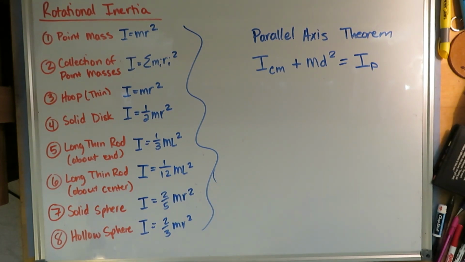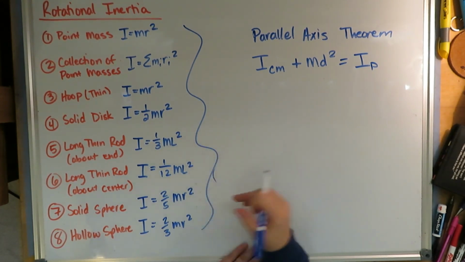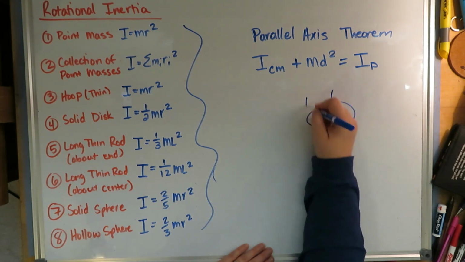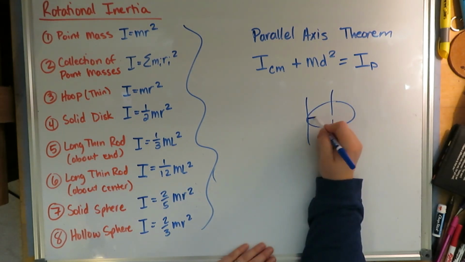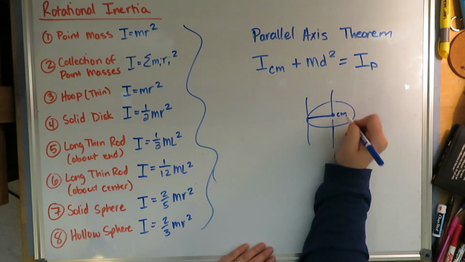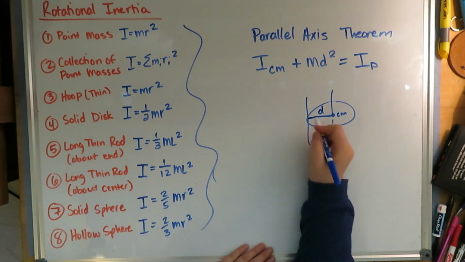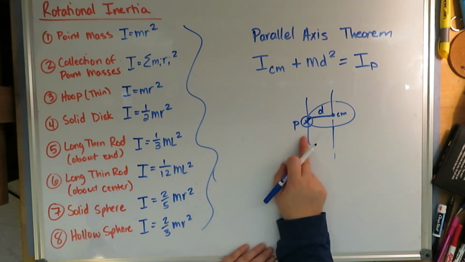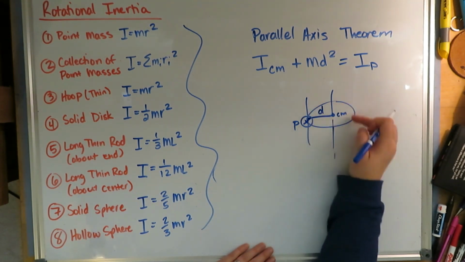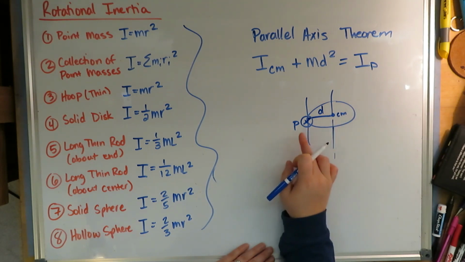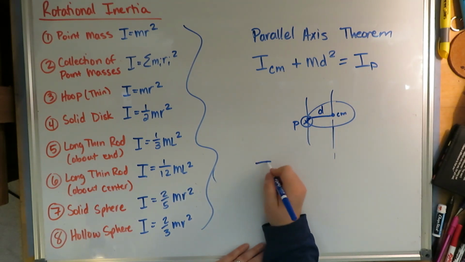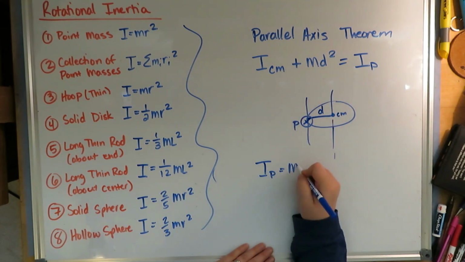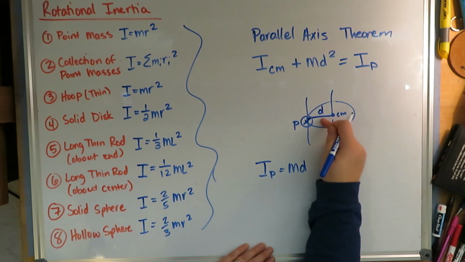So this is really relevant for things like the rods, or like I talked about, if you take a hoop and instead of rotating it about the center, you want to rotate it about an axis over here. If this is the center of mass and this is the distance d, and I want to rotate it about this axis of rotation, that would be point P. So the moment of inertia about point P is going to equal the mass of the hoop times that distance d squared.